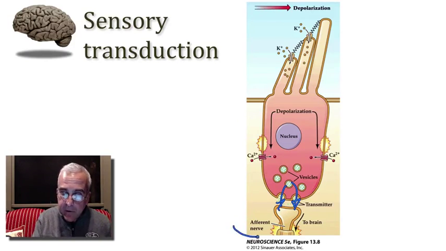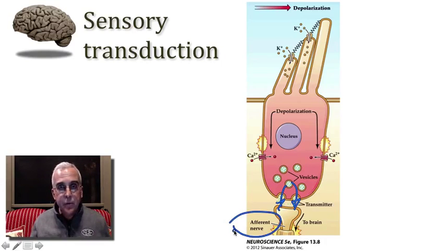So this afferent nerve here then is receiving synaptic connection from this inner hair cell. And with the release of transmitter, binding to receptors, ionotropic channels open up and cations rush into that afferent nerve terminal, and an action potential is generated that may then propagate into the brain.